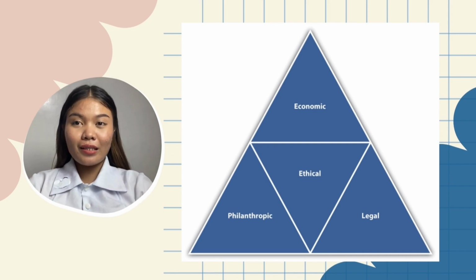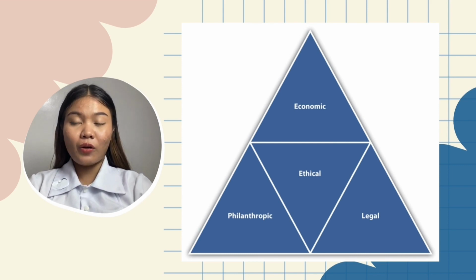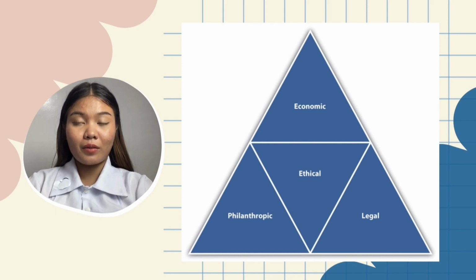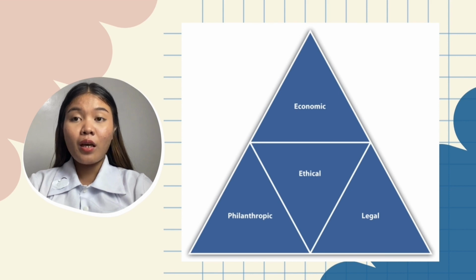So first is the economic aspect. Companies need to maintain strong economic interests so that they stay profitable or stay in business. Being profitable and providing value to shareholders is a part of a company being socially responsible.